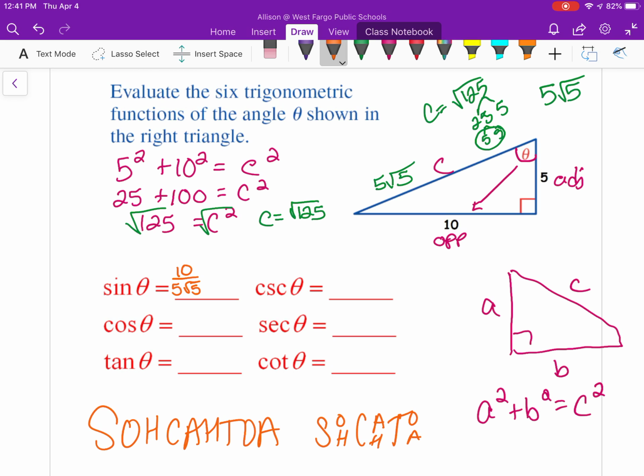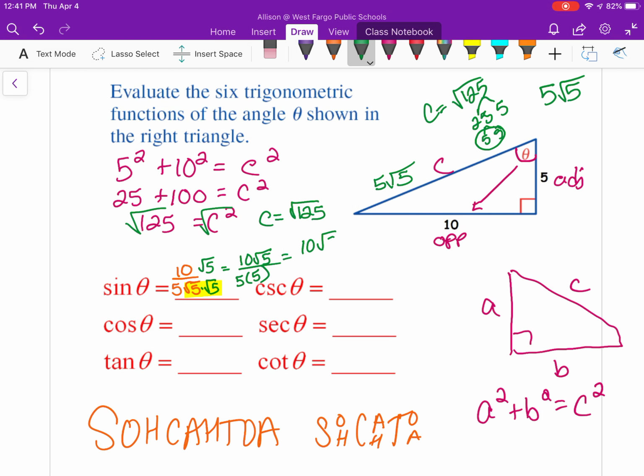Now we do need to use a little bit of our algebra skills because we can't leave the square root in a denominator or fraction. We have to do what's called rationalizing the denominator. So recall we'll have to multiply by the square root of 5 on both the top and bottom. On the top I'm going to get 10 square roots of 5, and on the bottom I have a 5 there, and then square root of 5 times the square root of 5 is 5, so we have another 5.